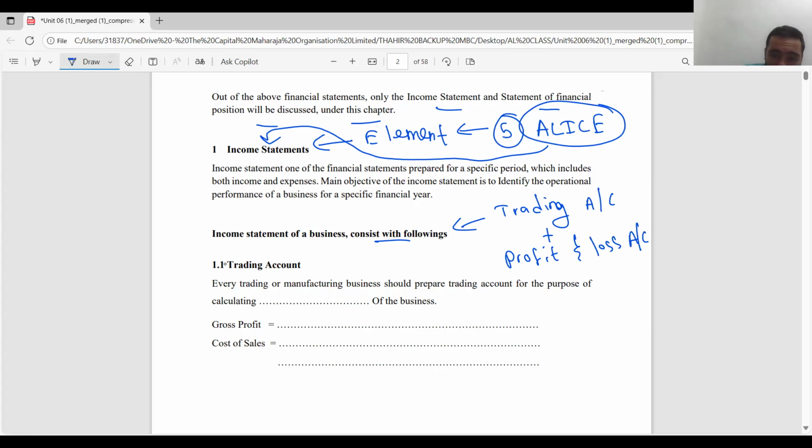One is trading, the other one is profit and loss account, in the income statement. We have learned these basics in our O levels. Every trading or manufacturing business should prepare a trading account for the purpose of calculating what?